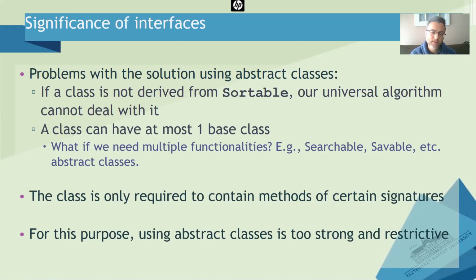The problem here is that abstract classes are too restrictive because of single inheritance. We need something less restrictive. We need something which provides less, but at the same time provides multiple inheritance.